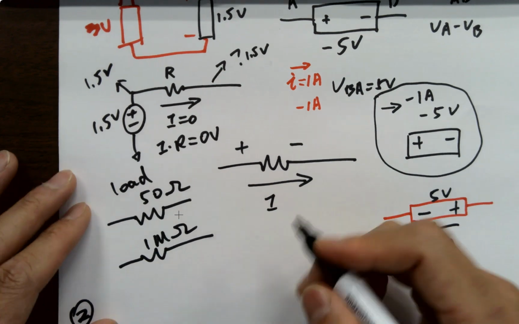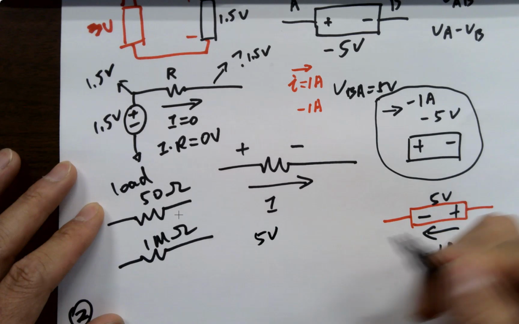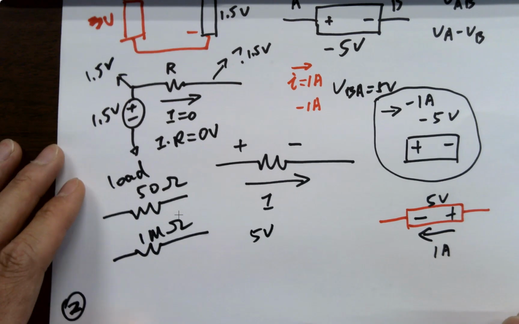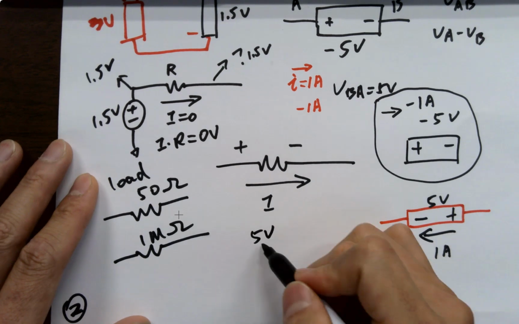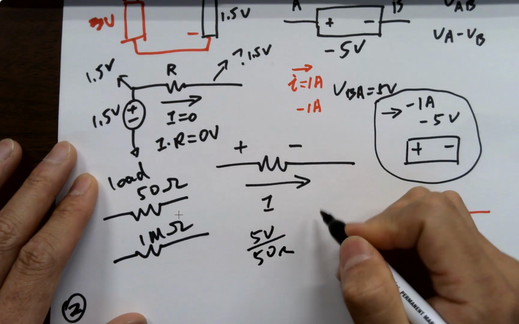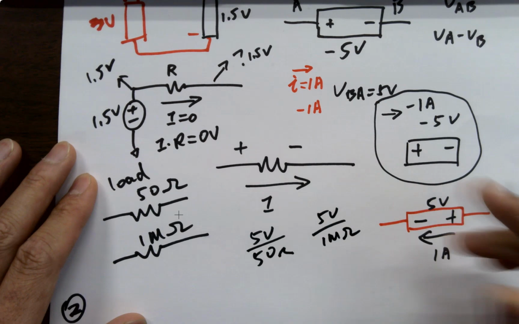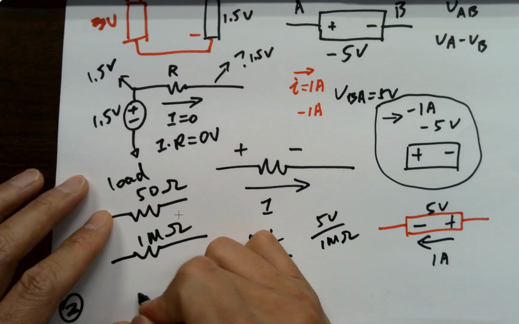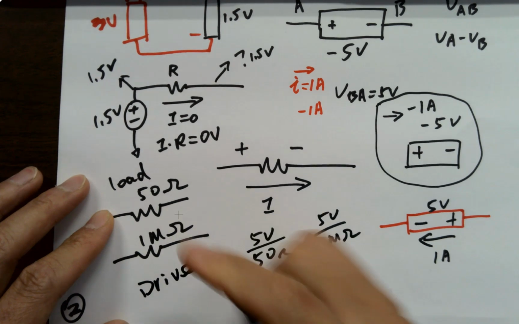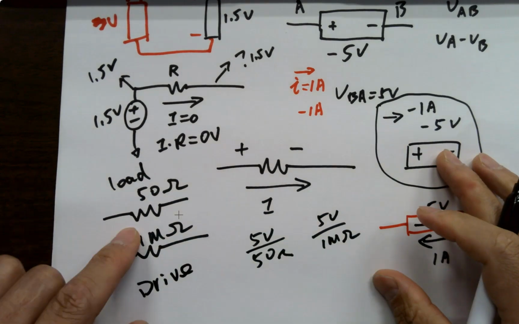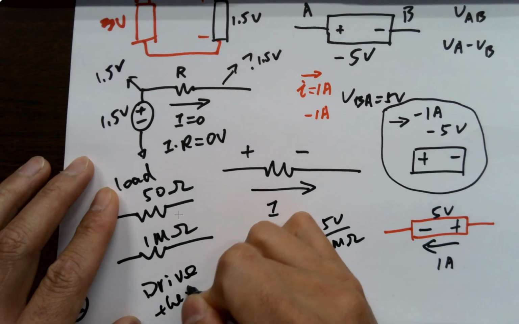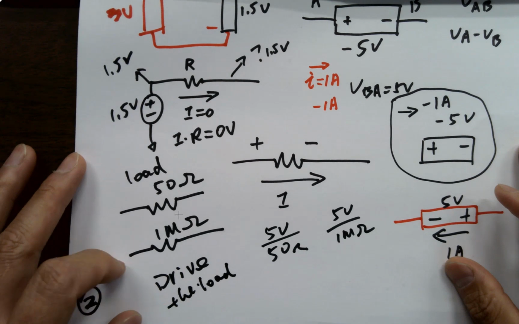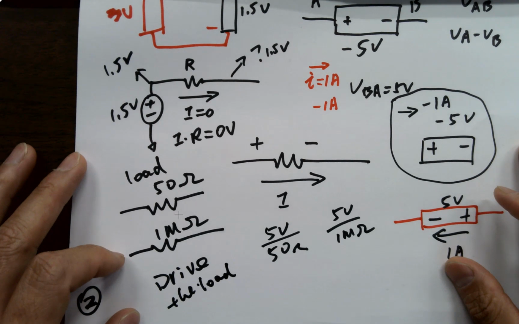So if voltage is a certain value, like 5 volts, the smaller resistance is the heavier load because the current is going to be larger. Yes, it's 5 volts divided by 50 ohms compared to 5 volts divided by 1 megohm. This device is a lot easier to drive. That's what we say in electrical engineering: you drive the load. Which one's easier to drive? 1 megohm is definitely way easier to drive compared to 50 ohms.